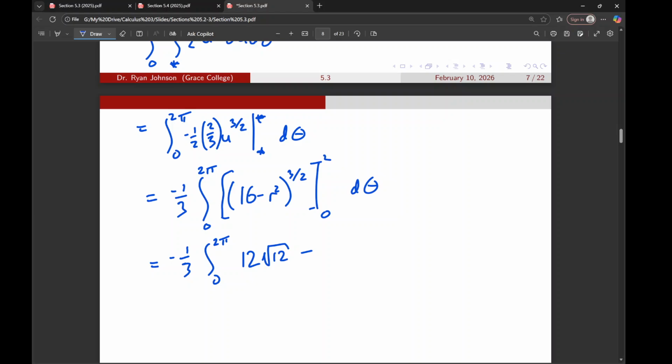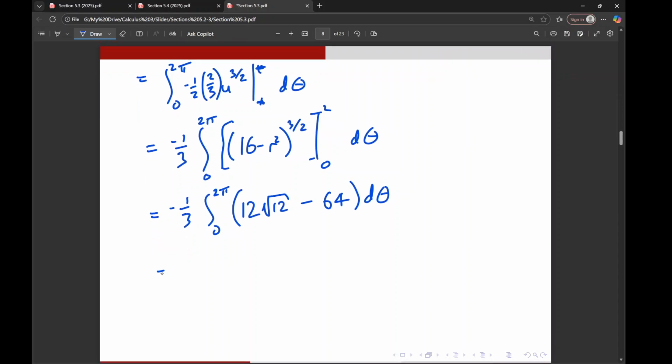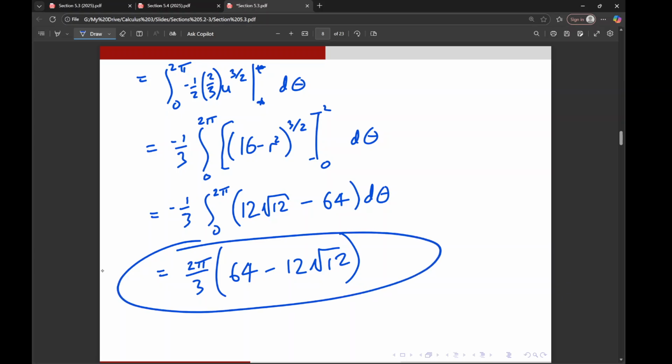When r is 0, it's just 16. 16 to the 3/2 power is 16 times the square root of 16, which is 4, 4 cubed is 64. D theta, there's no thetas mentioned, so I'm just multiplying. And I'm going to take the negative with the swapping of these and get 2 pi over 3 times 64 minus 12 square root of 12. And call that good.